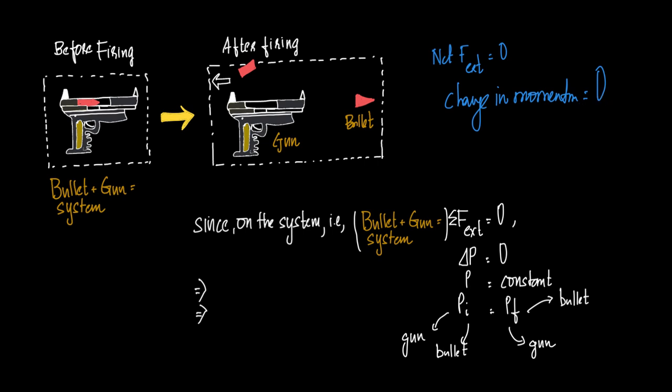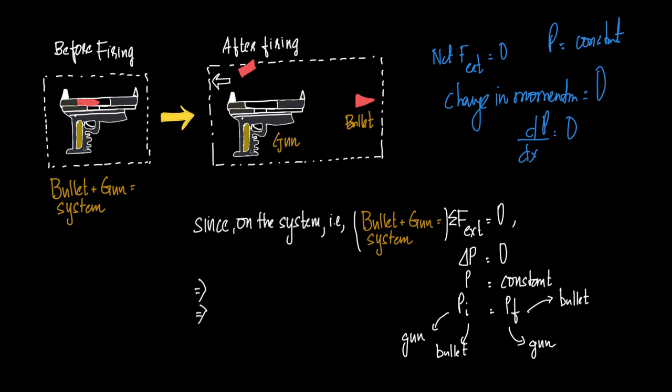Say, if we say that d by dx of P is equal to 0, it simply means that P is a constant. And if P is a constant, we can further say that P initial is equal to P final. This initial momentum will have components of both the gun as well as the bullet. Final momentum will also have components of the gun and the bullet.